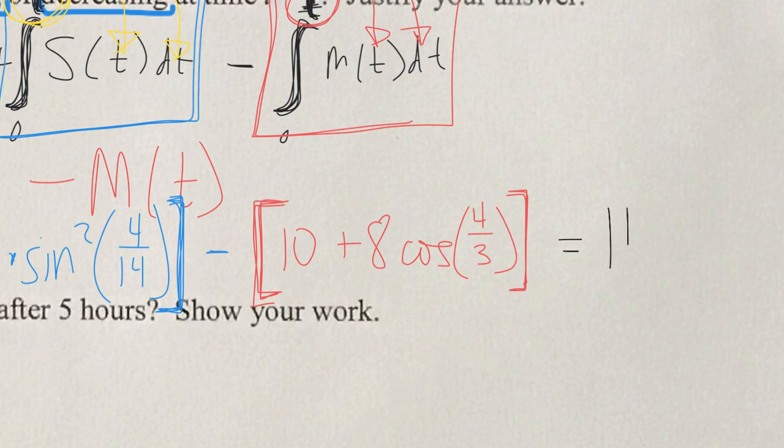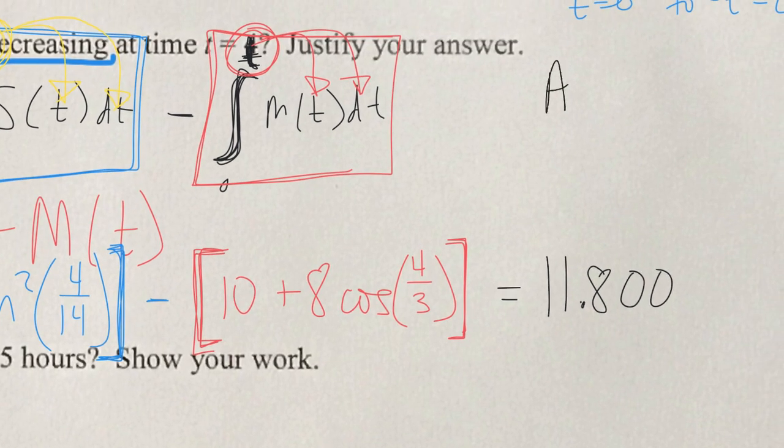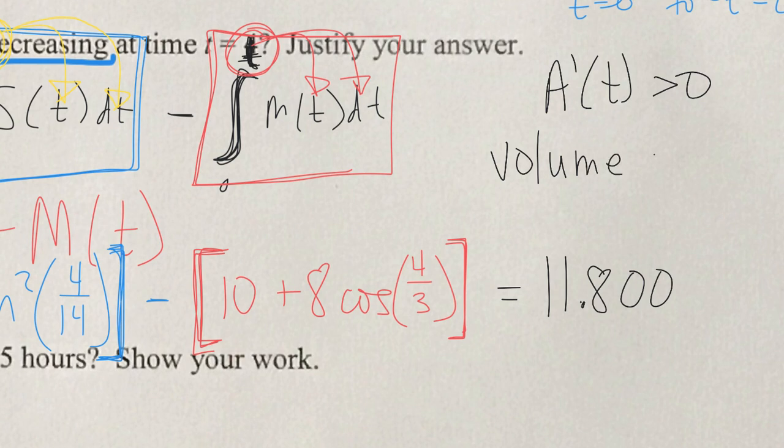And when we do that, we get 11.8004 as your answer. Okay, which is fantastic. But the best part is that it happens to be a positive number, which means the volume of snow is increasing.